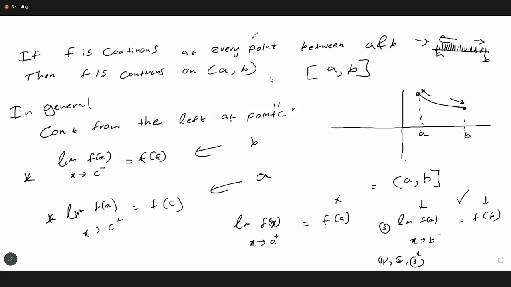So now you have an idea. If f is continuous at every point between A and B, then f is continuous on A and B. First, we check the inner side of the range. This is the first test.